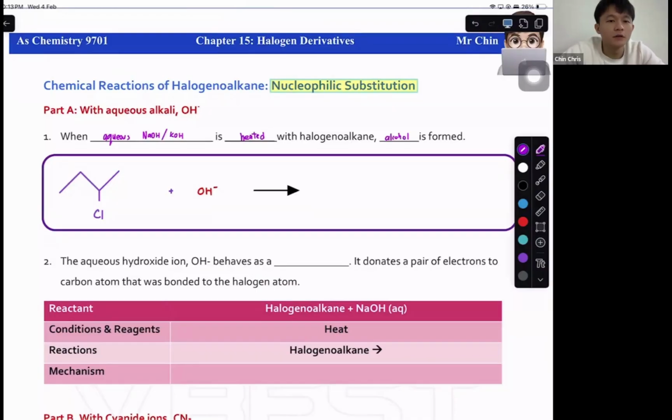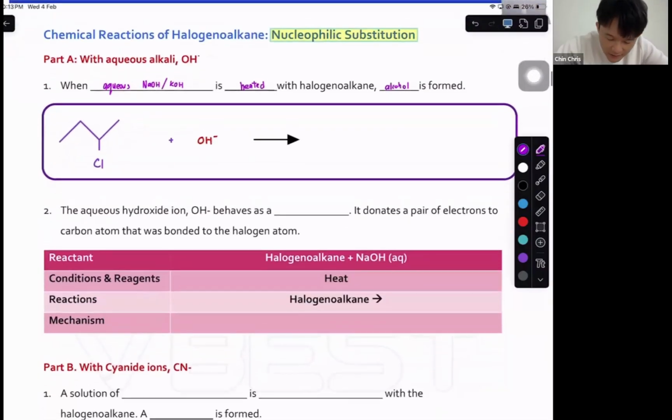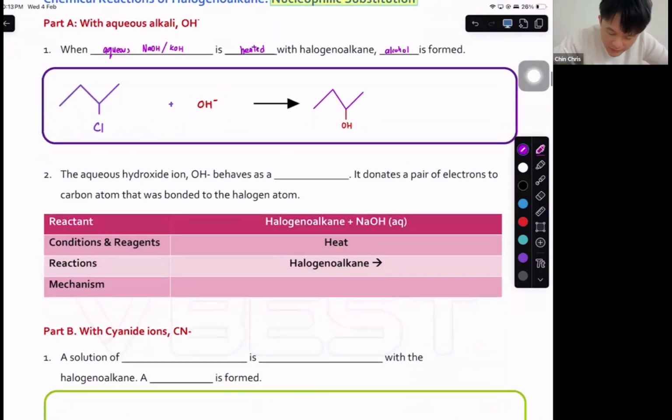All right, guys, now this Cl is going to get substituted. You have OH and a Cl minus. That's it. This OH minus behaves as a nucleophile, so it donates a pair of electrons to the carbon atom that is bonded to the halogen.